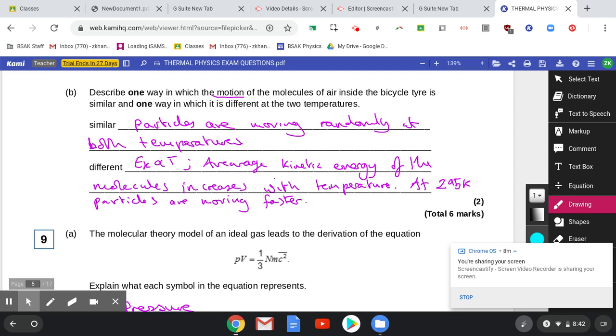Even if it was an ideal gas, particles do move in random directions across all temperatures. The second one, we know that as the temperature increases, the average kinetic energy of the particles also increases. That's directly related to the root mean square speed. So you could say that at a higher temperature, the particles on average are moving faster.